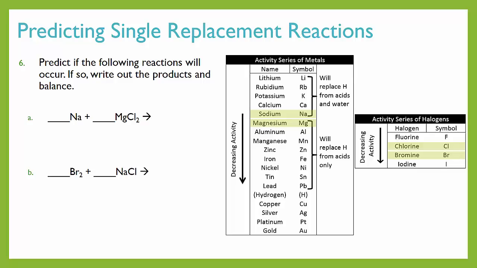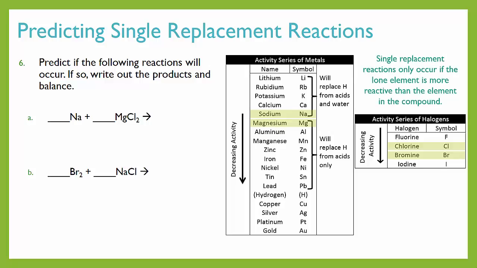Next, we have some reactions, and we want to predict if they will occur or not. So for single replacement reactions, these will only happen if the lone element is more reactive than its counterpart in the compound. So my lone element is sodium. Sodium is a cation, which means that it can only replace another cation.